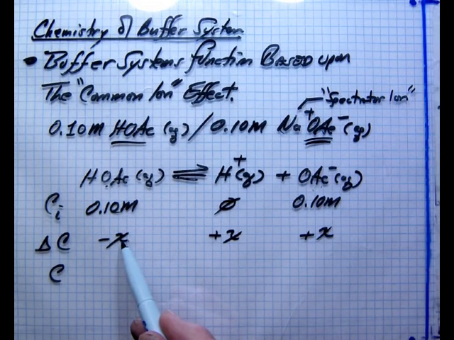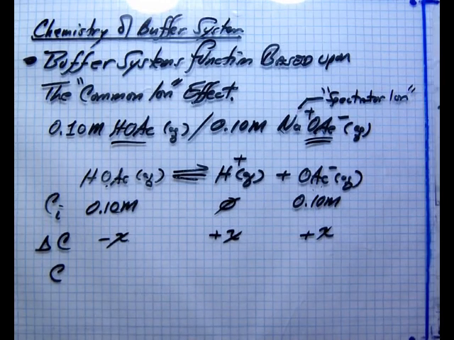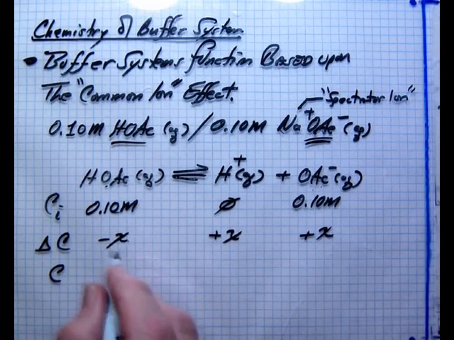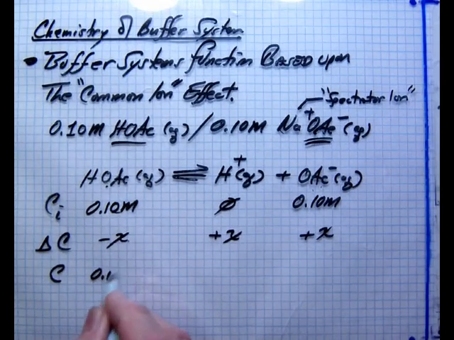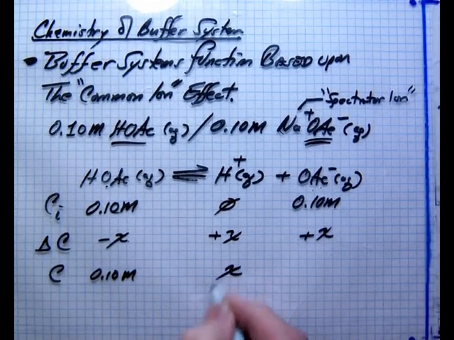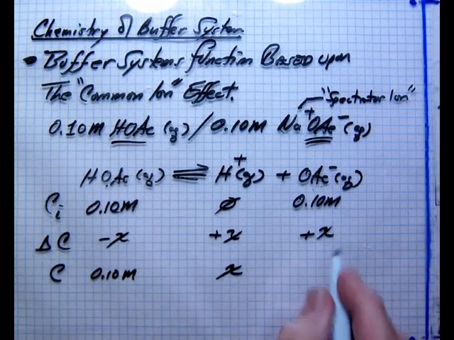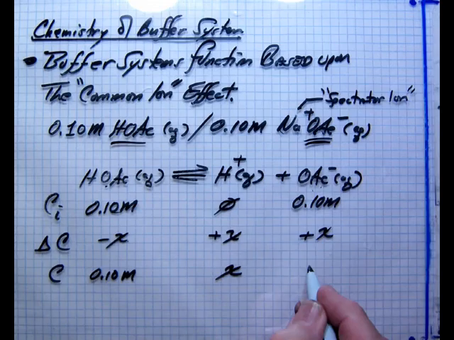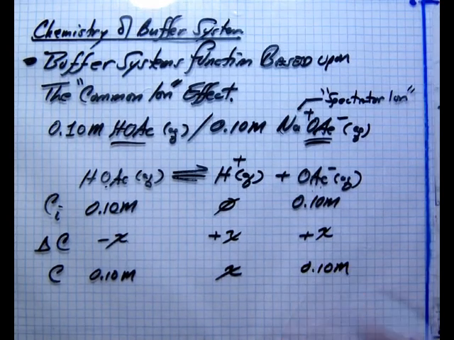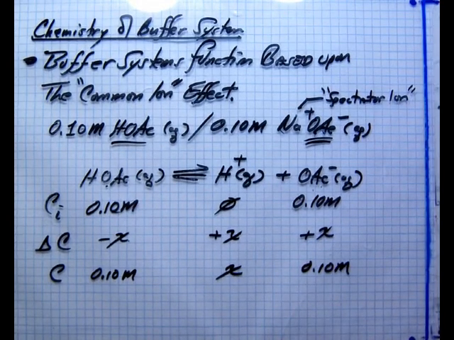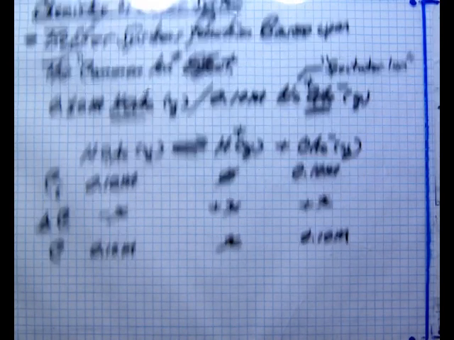If you subtract 10 to the minus 3, 4, or 5 from 0.1, we still have 0.1. So we're going to drop this X and say 0.10 molar. At equilibrium, we're going to have whatever X gives us, and we're going to have 0.10 molar. Now that's our equilibrium acid.